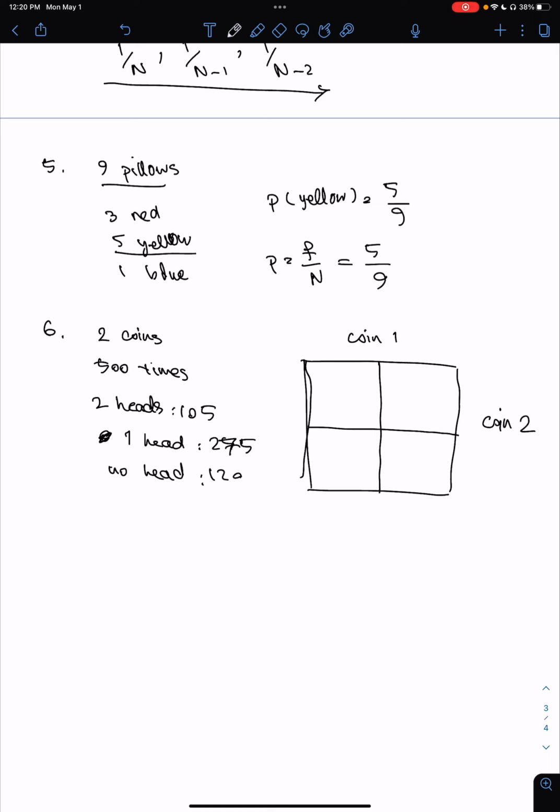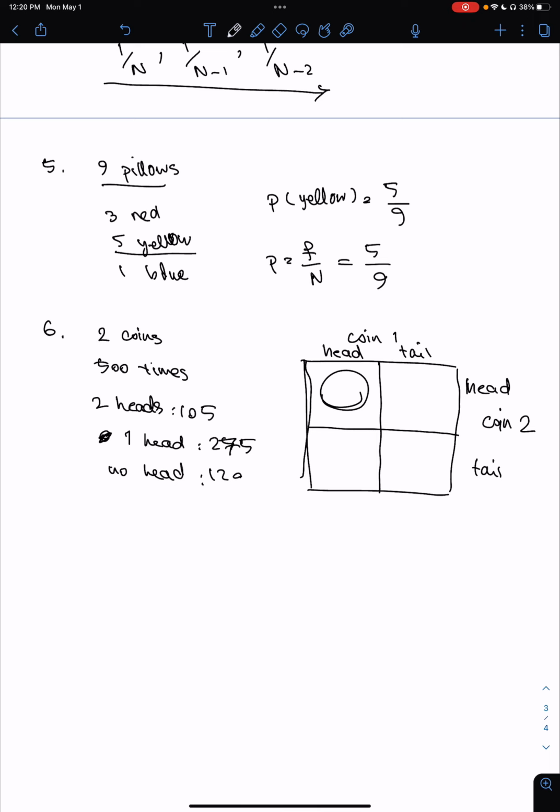So this part is head, this is tail, this is head, this is tail. So we had 2 heads, so here is having 2 heads.